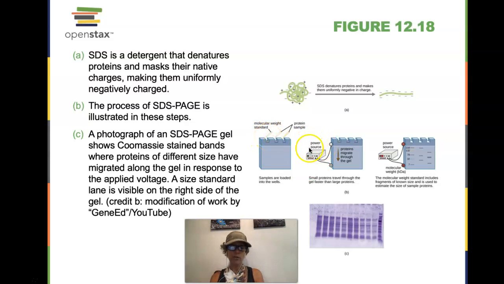Once again, we have a power source, and this is put in a buffer. We've forced the proteins to be negatively charged, so they will migrate toward the positive pole. And then we can stain it with particular stains and look at the banding patterns, just like we would for DNA, but this is protein.